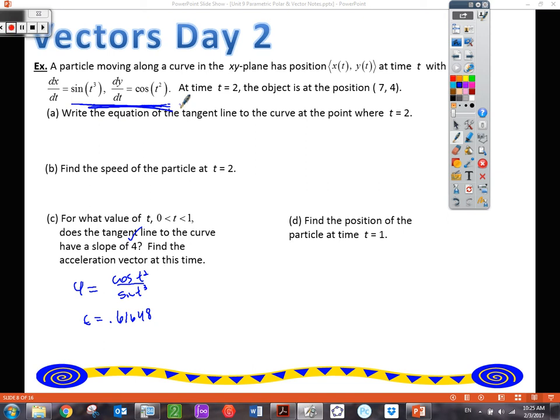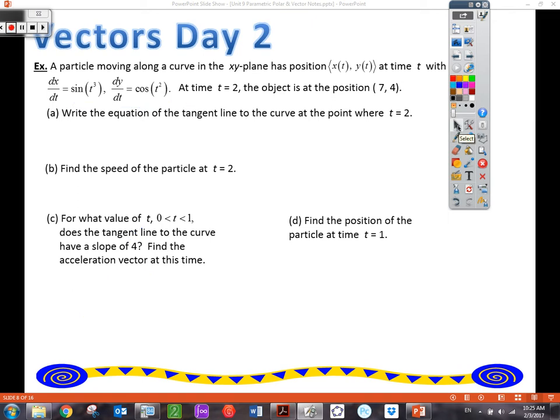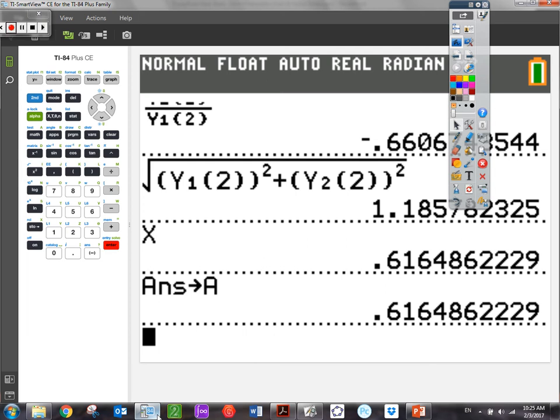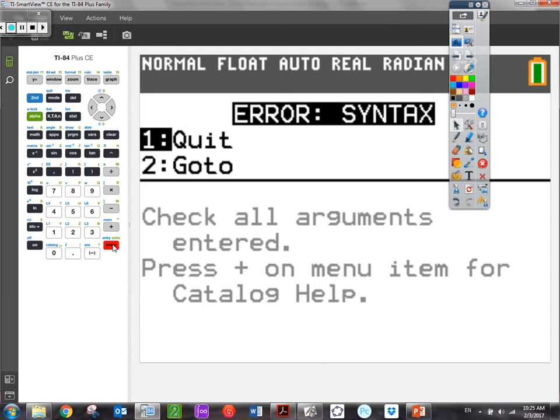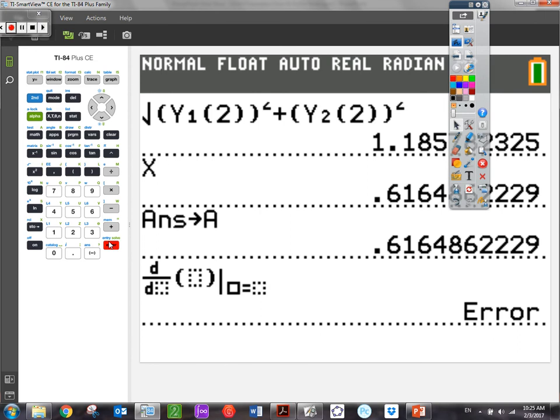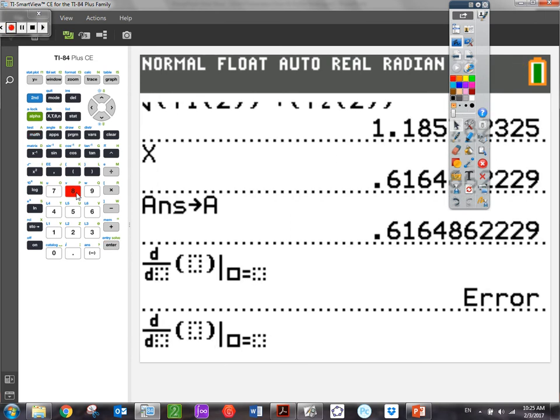So we're going to need to erase. Let's go back to our calculator. And we need the acceleration vector. So we want the derivative, which is math 8. So math 8. And we want, with respect to x, it doesn't really matter which one we do first.